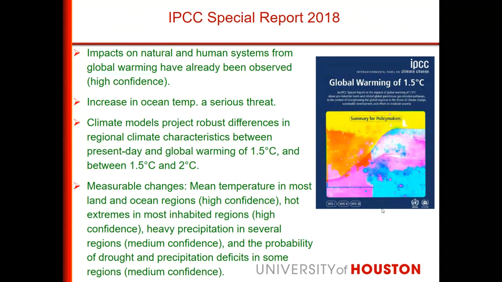So the United Nations constituted a panel to immediately report about these problems. And if you are interested, you can read this report. It's available online. This is the IPCC, Intergovernmental Panel on Climate Change.